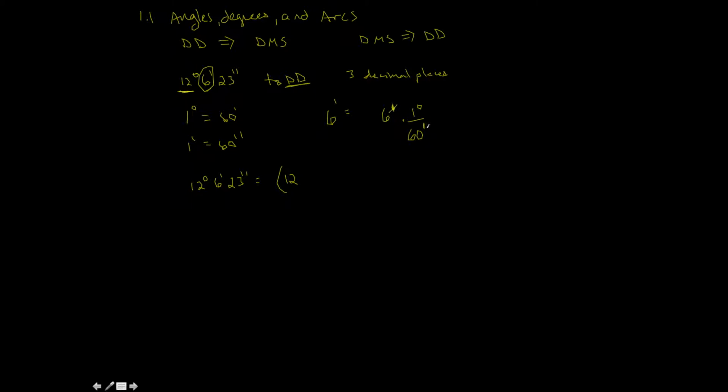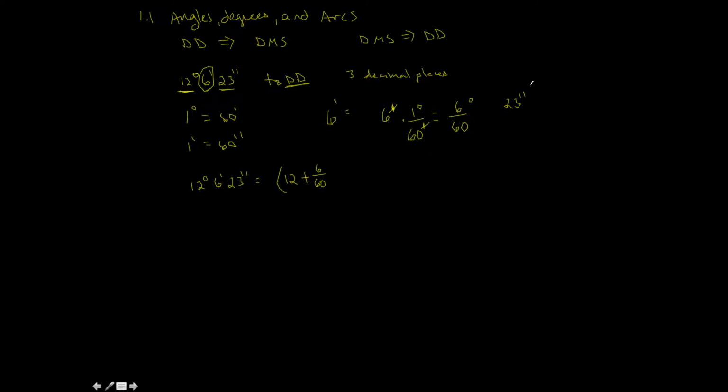So this will cause our minutes to cancel. So this would be 6 over 60 degrees. So I'm going to take 6 over 60 and I'm going to add it to our 12 down here now that it's in degrees.